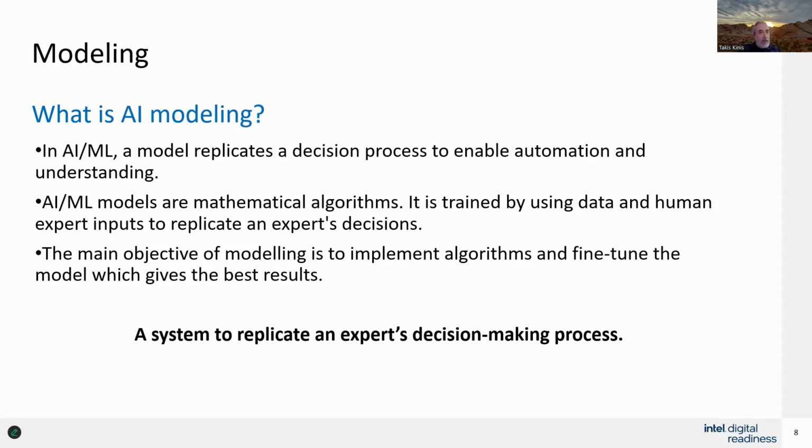So when we start to look at AI modeling, I want you to notice here, even in the first bullet, they're pairing AI with machine learning. Machine learning, in a way, is one of the more fundamental aspects of doing AI work, because it isn't really concerned with trying to simulate human intelligence necessarily, but it is using those mathematical models, as it says, to replicate a decision process to enable automation and understanding, right?